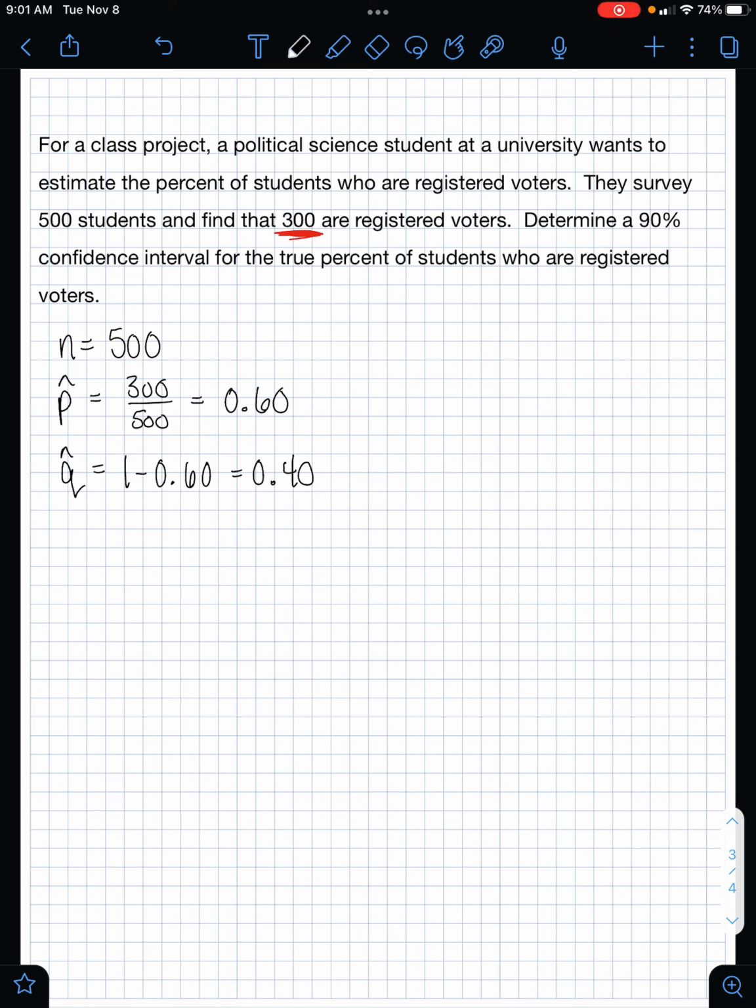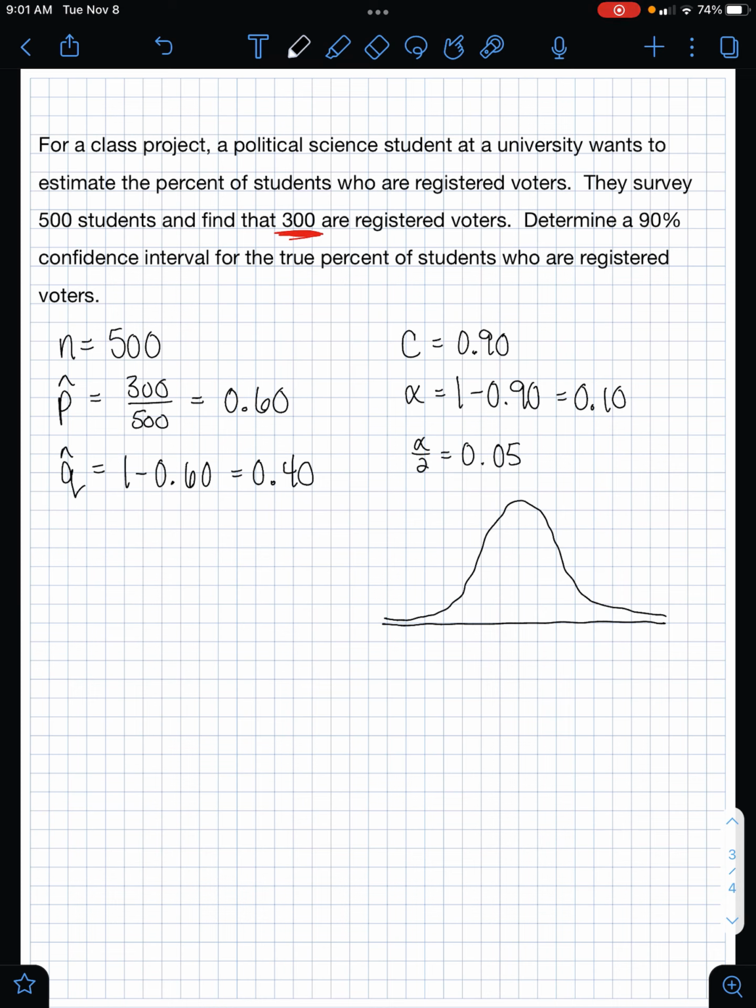Now, we are told to determine a 90% confidence interval. So that's our confidence level, which then gives us alpha, and from that, alpha over 2 is 0.05.